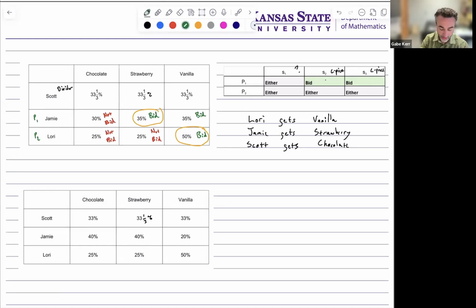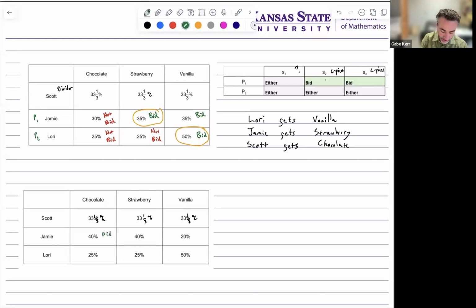So we'll look at this as a new situation. Scott has divided these up. All of these should be 33 and a third. So Scott's divided them up equally into three different shakes.